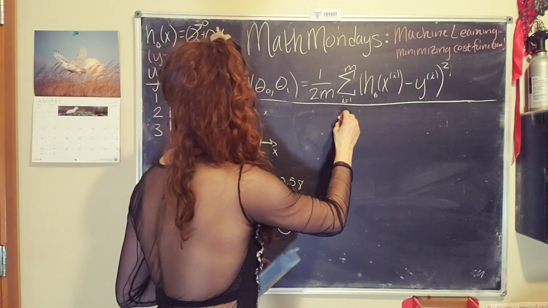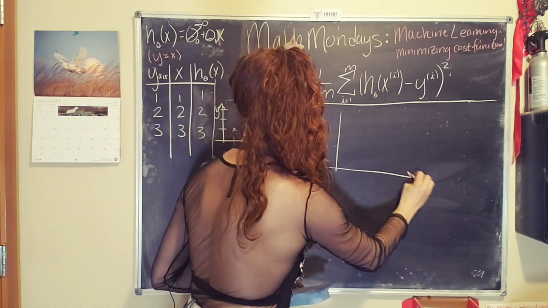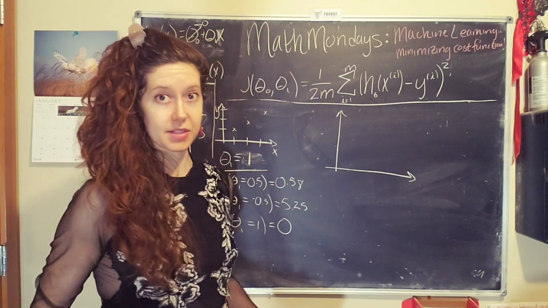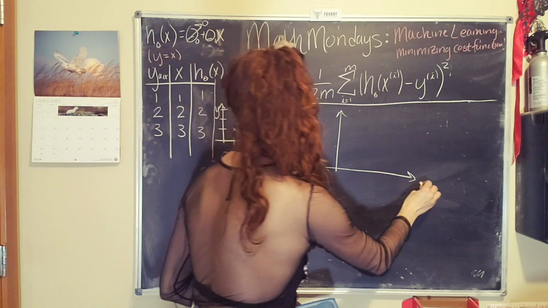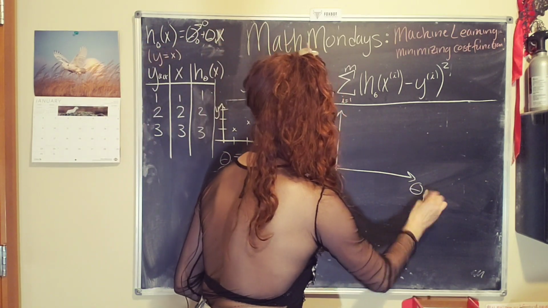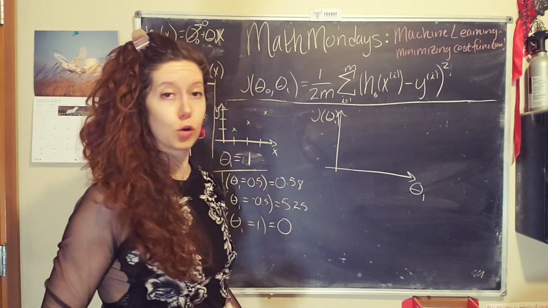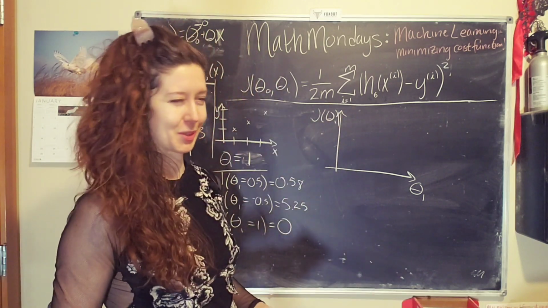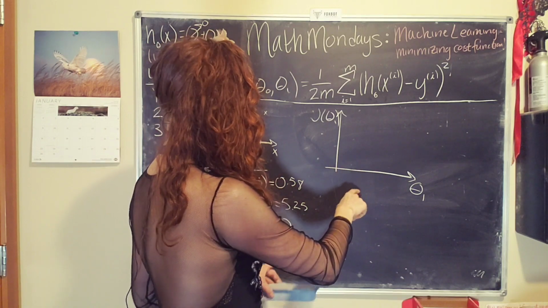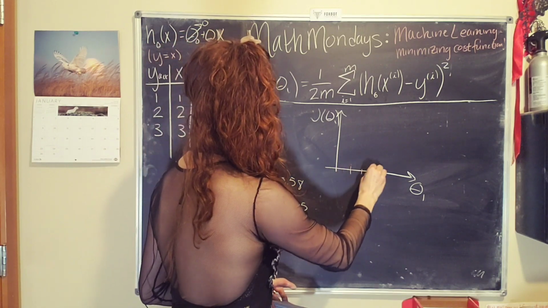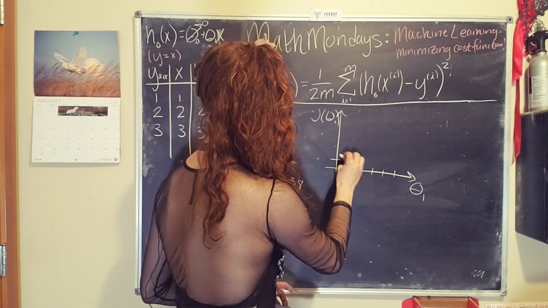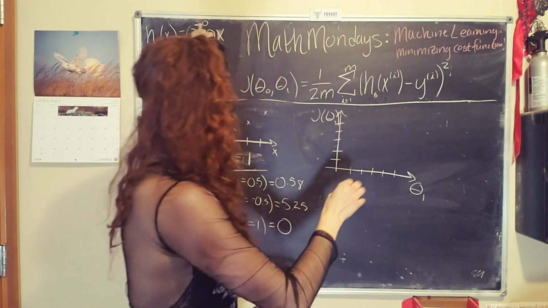So if we plot J as a function of theta 1, I should say, because we're ignoring theta 2 or theta naught for simplicity, we get, if I make some text marks, okay.